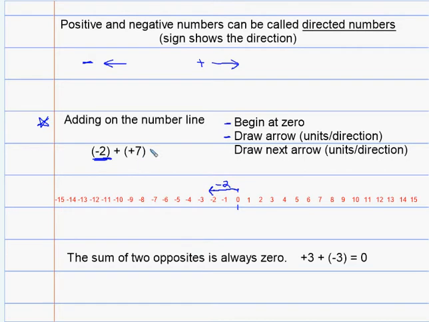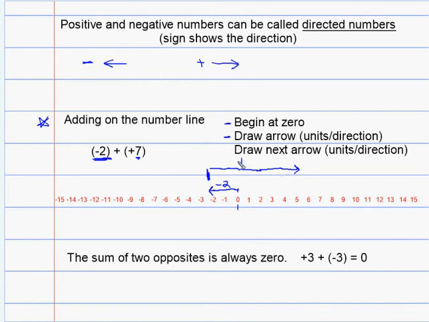So we need to draw a length of 7 in the positive direction. We're just going to go up from here, and then we're going to go over 7. Now, this does not mean you go to 7. This arrow needs to be 7 units long. So we already did 2, and now 1, 2, 3, 4, 5, 6, 7.